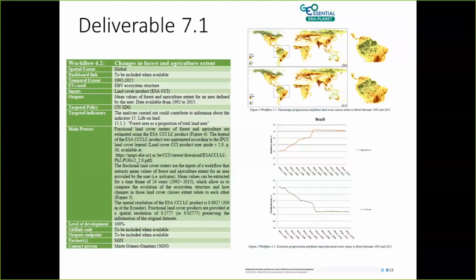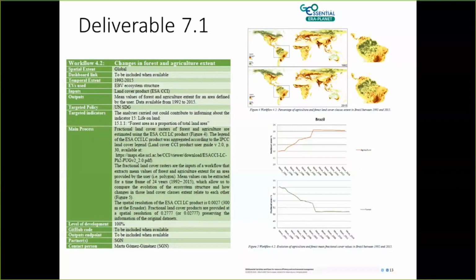Basically, we take the ESA CCI land cover products and we reclassify the classes, which are initially 38. And then we obtain rasters with agricultural, forest, and settlements.